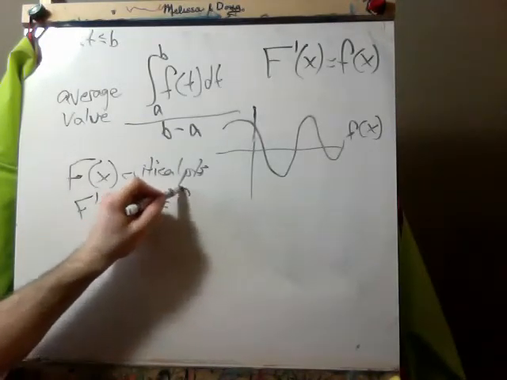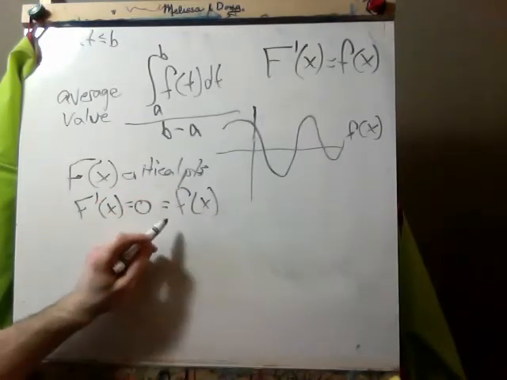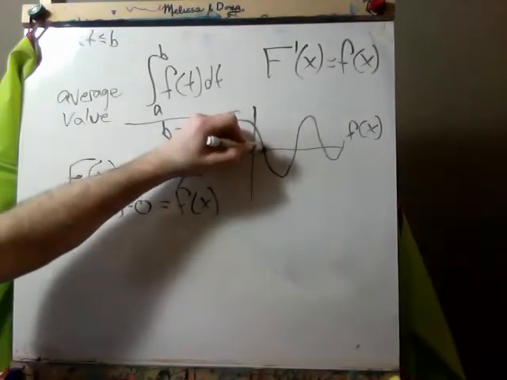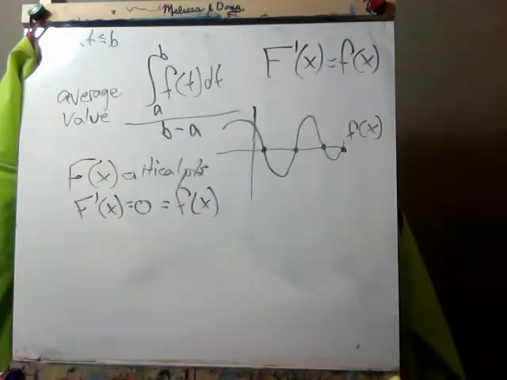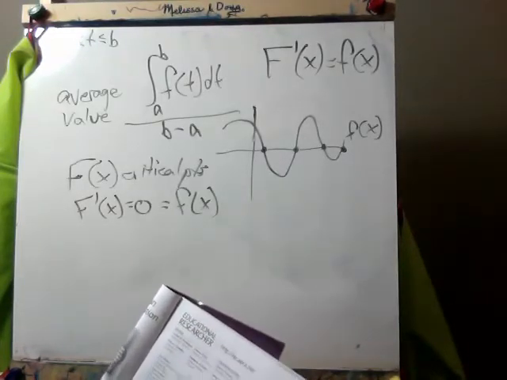Well, F prime of x is just f of x, so that's where f of x equals 0. That's going to be here, here, here, and here. Those are my critical points. And then you can see whether they're max or min.